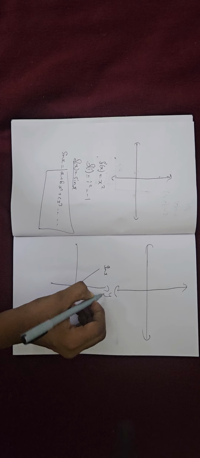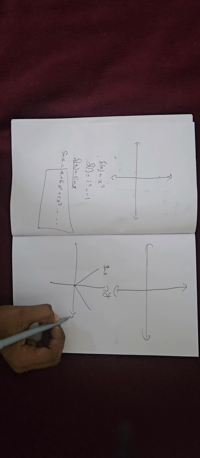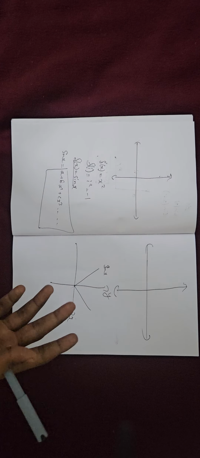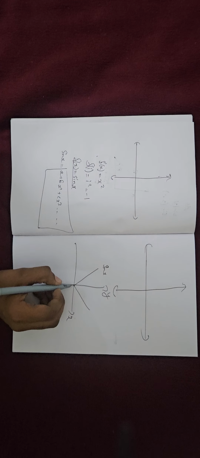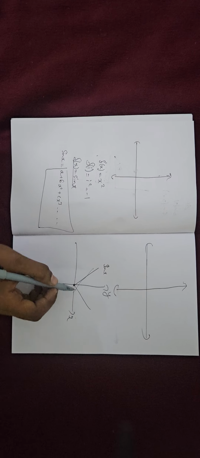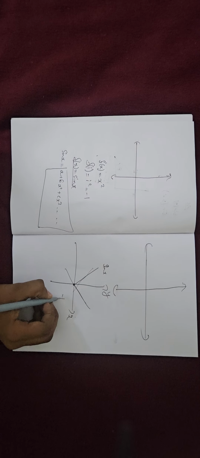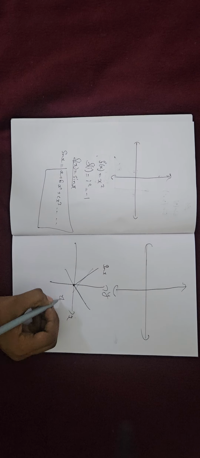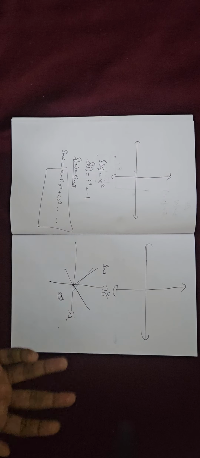This is the y-axis, not the imaginary axis, and this is x. It's not differentiable. There is this point here where we get two different slopes, like here and here: minus 1 and 1.